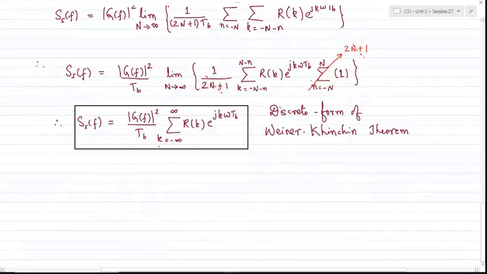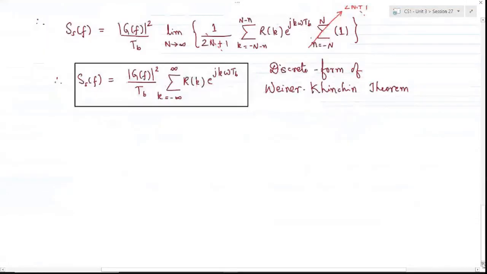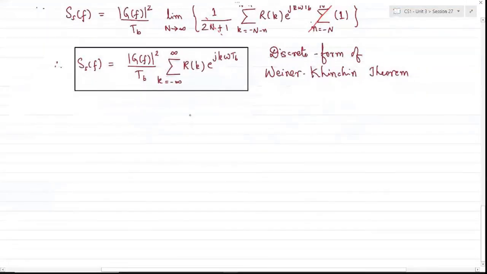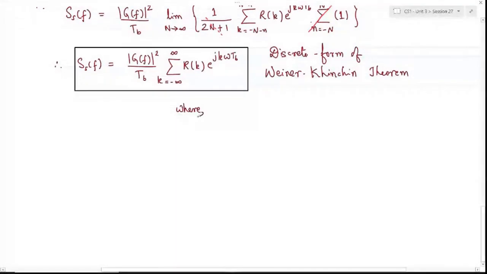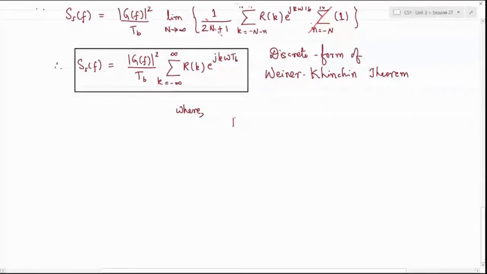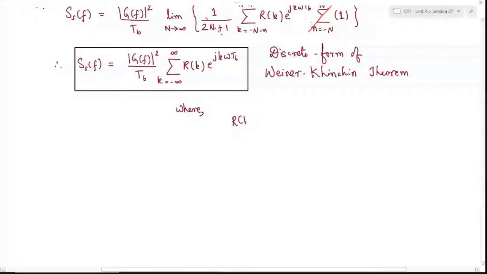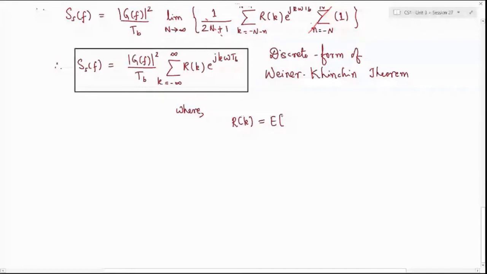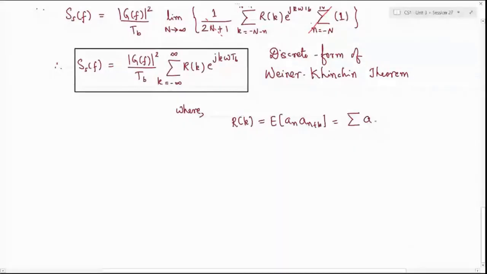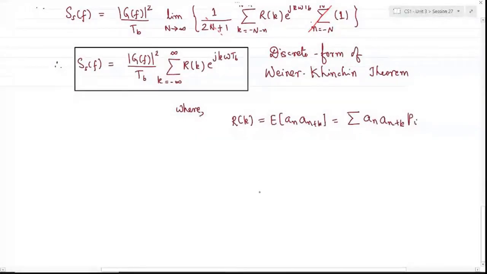Okay, so I'll try to list for the sake of clarity, since there are so many quantities involved here. I just list them down, where this autocorrelation function r of k, as you know, is the expectation of two random variables, which as per the definition of expectation is nothing but the sum of an times an plus k times the probability p i of the ith combination, where i varies from 1 to l.